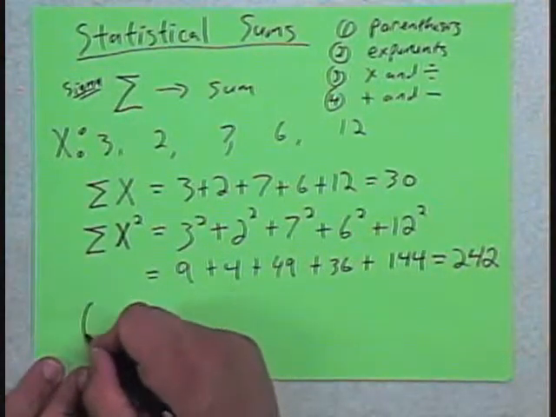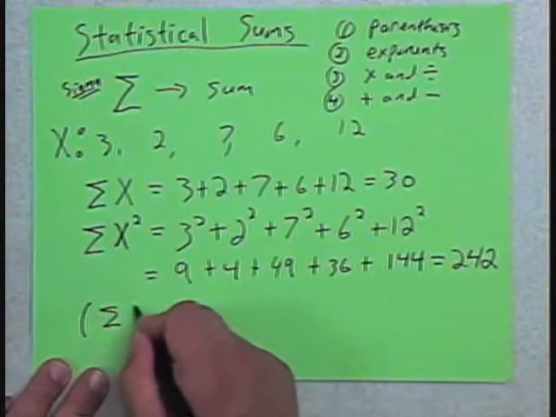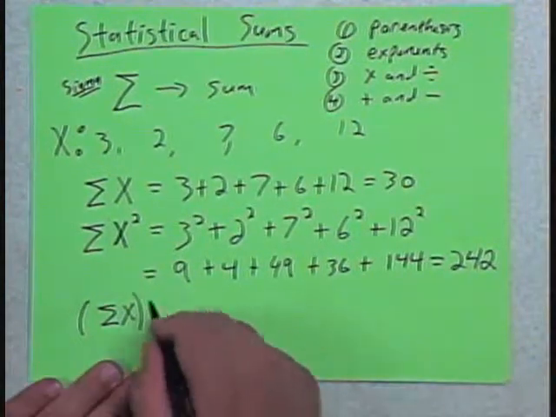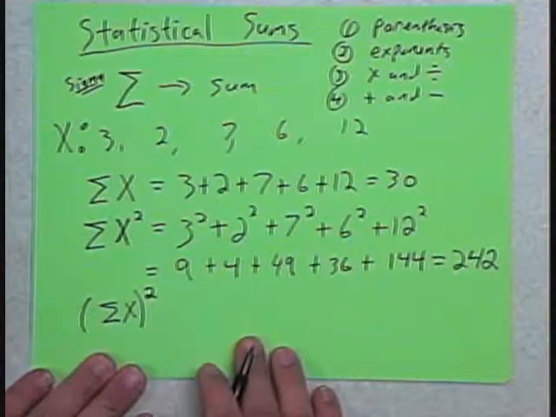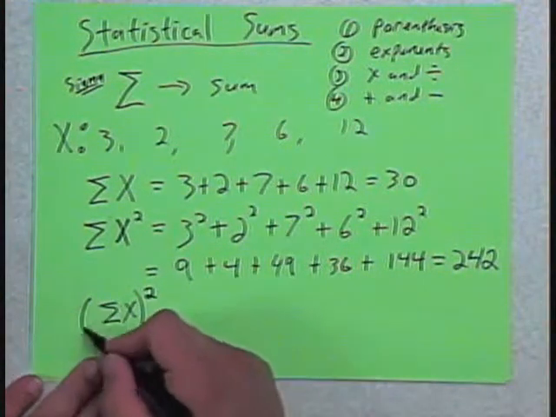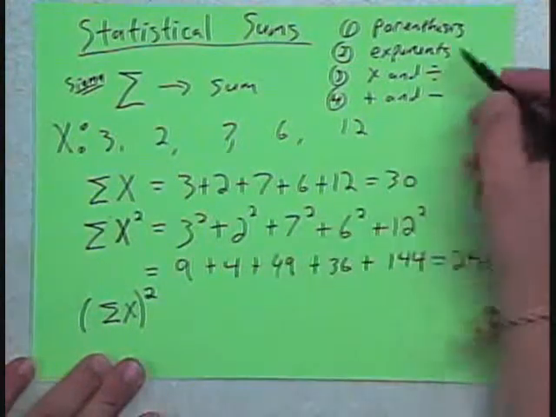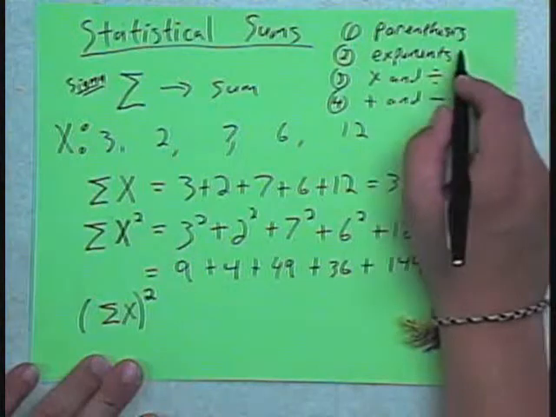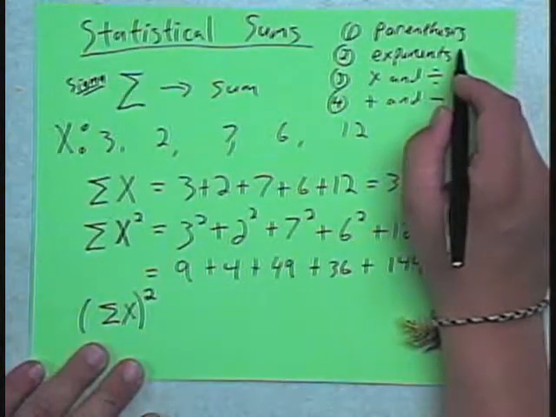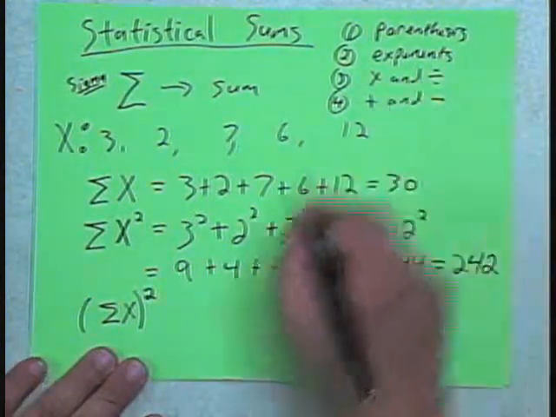Now, I could do this in a different order where I add the numbers together first and then I square them. But if I want to add them first, then I've got to do the addition in parentheses. That's why we have grouping symbols, to say do whatever is inside the parentheses first and then do what's on the outside.